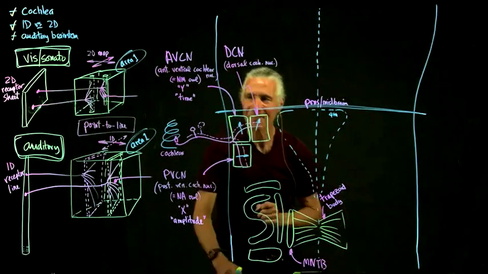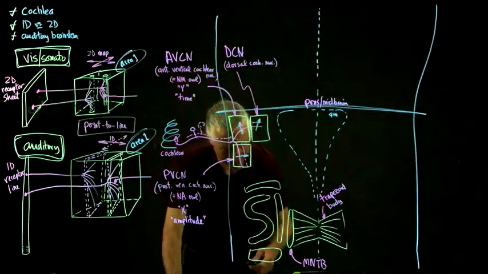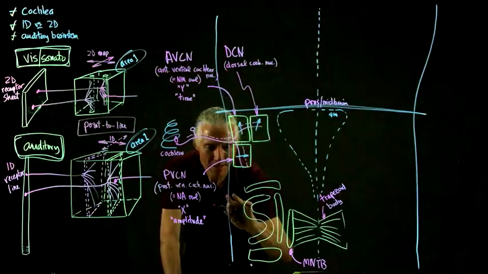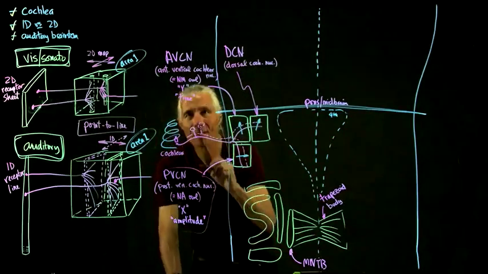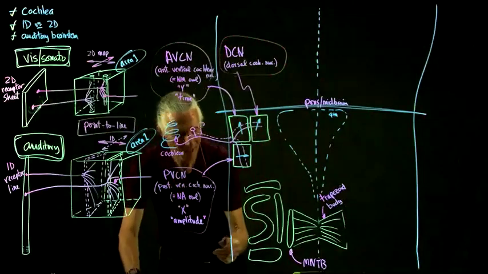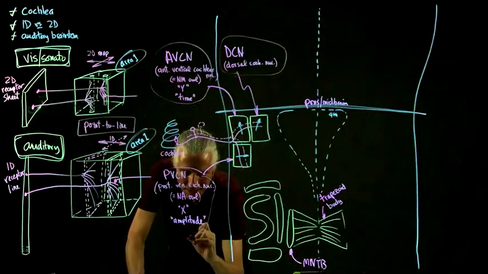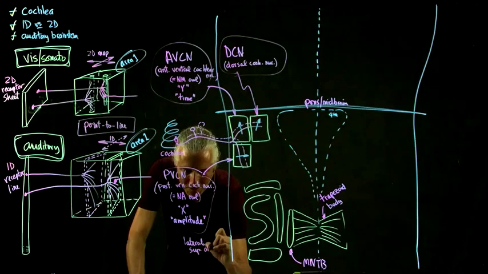It has a little map associated with it. And this guy over here, don't get these confused, is the lateral superior olive. So what's the olive business?